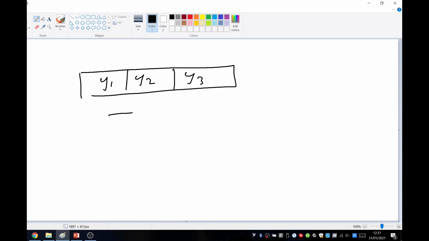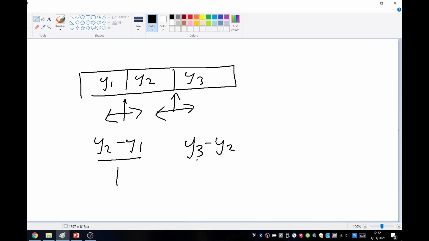So the gradient between these two, so the gradient at that point here is y2 minus y1, and that's a distance of 1 between these, so that's over 1. The gradient at this point is the difference between these two, so that is y3 minus y2 over 1.